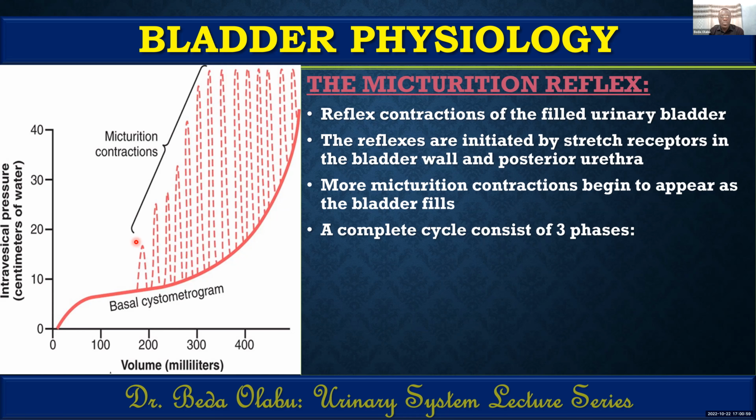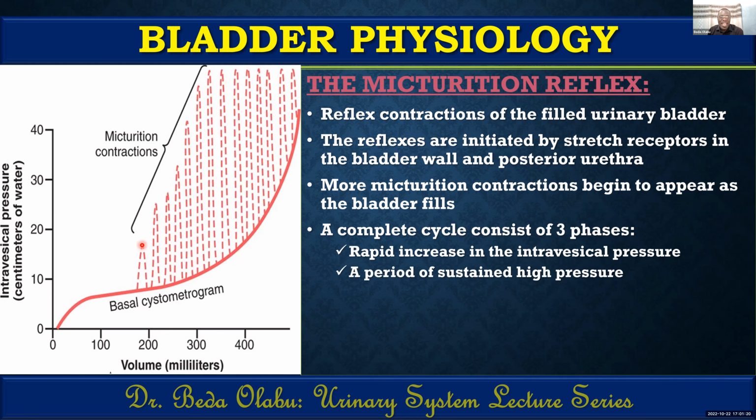Now, a complete cycle of a micturition contraction consists of the following. When the bladder contracts, there'll be a rapid increase in the intravesical pressure. So the pressure goes up rapidly, and then there'll be a short period of sustained high pressure, followed by a period of return to the basal tone.